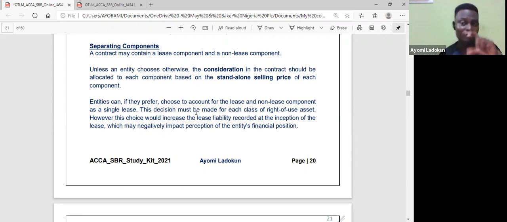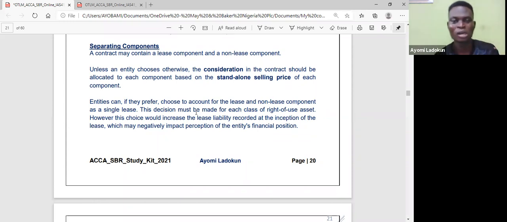So that 1.5 on a separate transaction and the 1.7 on a separate transaction is what we call standalone selling price. Those items I'm selling or the service I'm providing to you are standing alone, so that's their price. But if you are buying them together, I can reduce the price. So that's the meaning of standalone selling price.